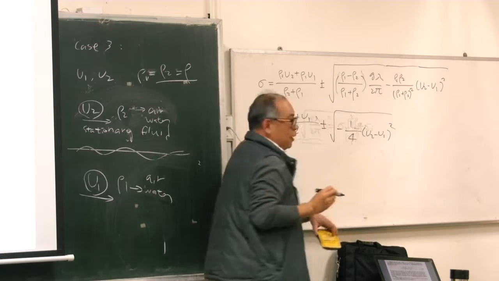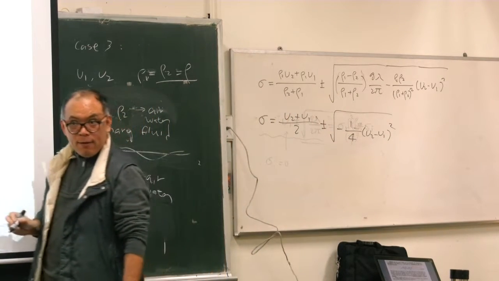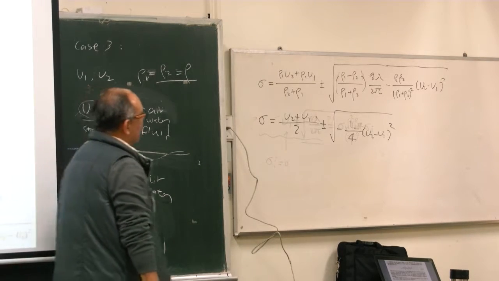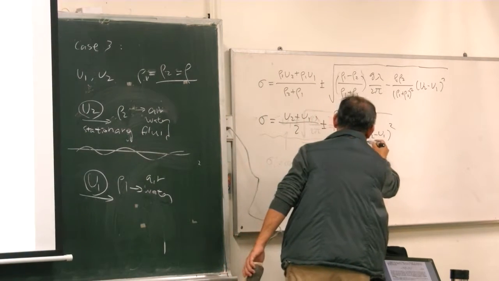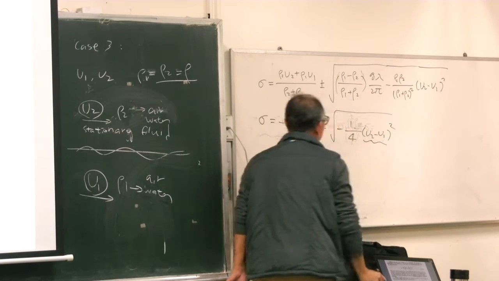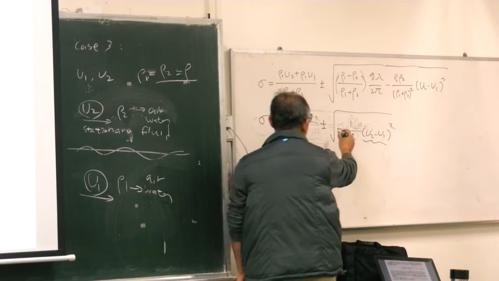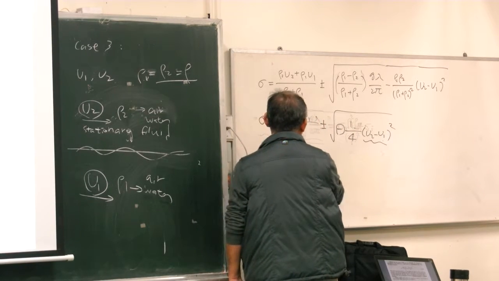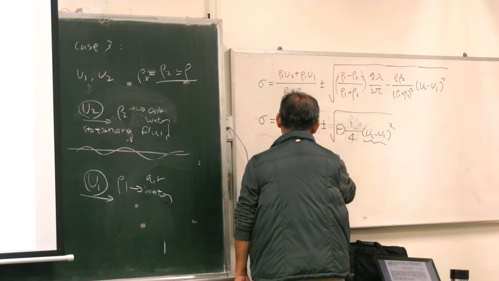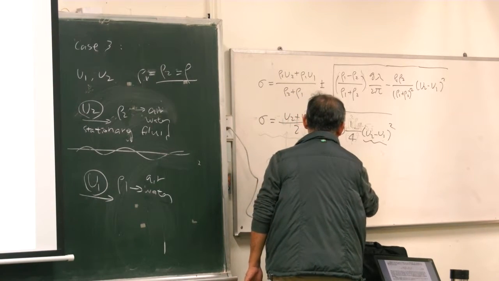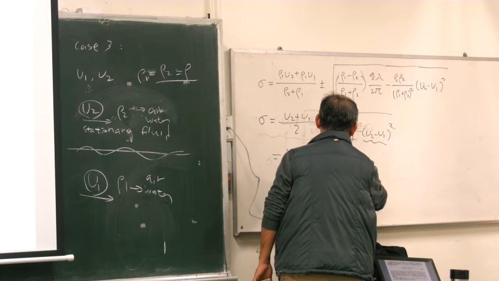Right? I have this. And then this is all a parity variable, right? Because the momentum, U1 and U2, which is bigger. Okay, this is all a parity variable. And this becomes U1 plus U2. And this becomes 1.